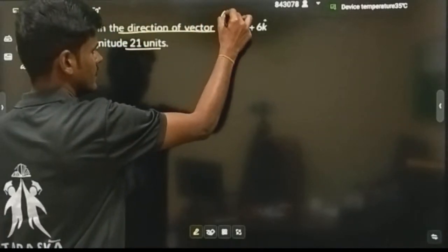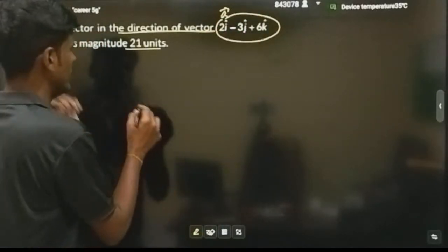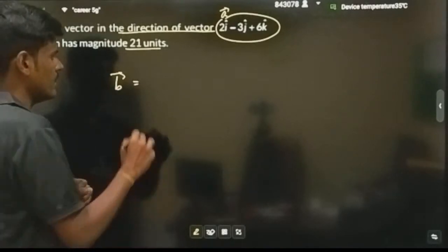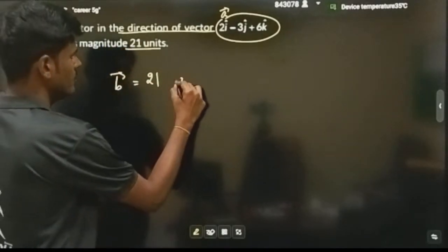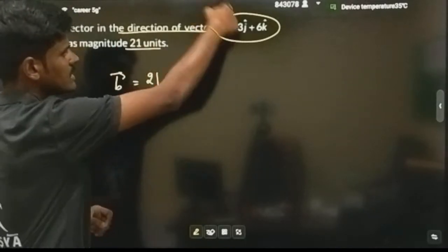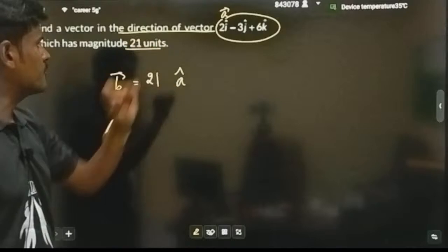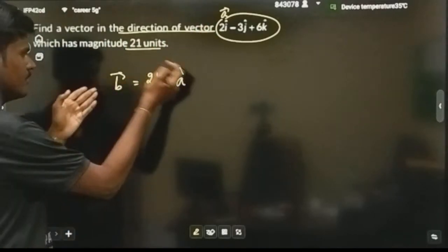So let's take this vector as A vector, and let's take B vector as the required vector. B vector is nothing but the magnitude, that is 21, into the direction of A vector, that is A cap. The unit vector in the direction of this vector multiplied by its magnitude will be the answer.